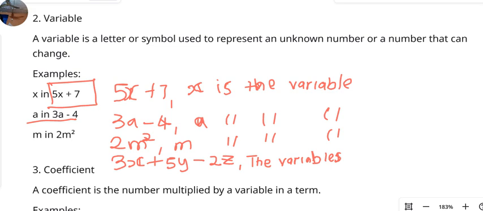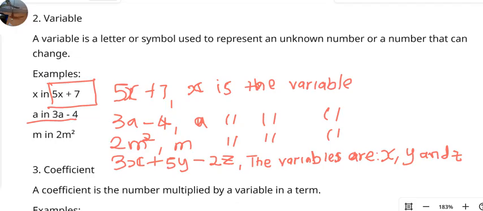So the variables are x, y, and z, because they are the letters. Alright, they are the variables.